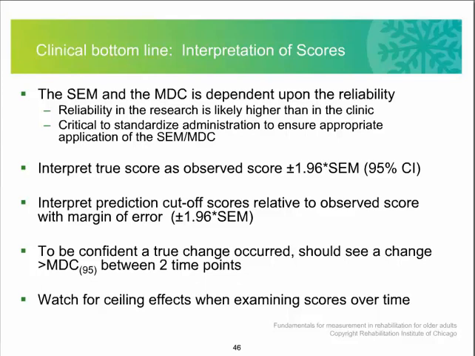This range should be the SEM with a 95% confidence interval to minimize the chance of error. Prediction scores should also be interpreted while incorporating this margin of error. The minimal detectable change score, or the MDC, gives you the amount of change needed between 2 time points to be confident that a true change has occurred.